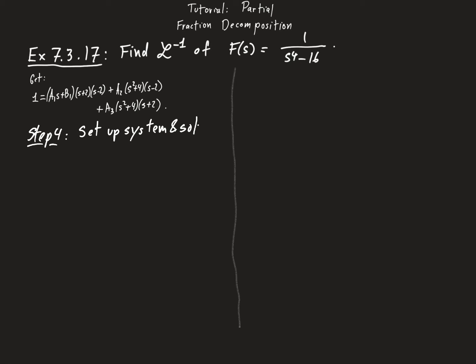And to solve it. Now, there are several ways to do this. The method that I have mostly taught you guys in class is sort of a brute force method that is very important to be comfortable with because it is very applicable in other situations as well. And that method was, of course, to multiply this whole thing out, and you're going to get some s cubed terms, some s squared terms, some s terms, and some constant terms.